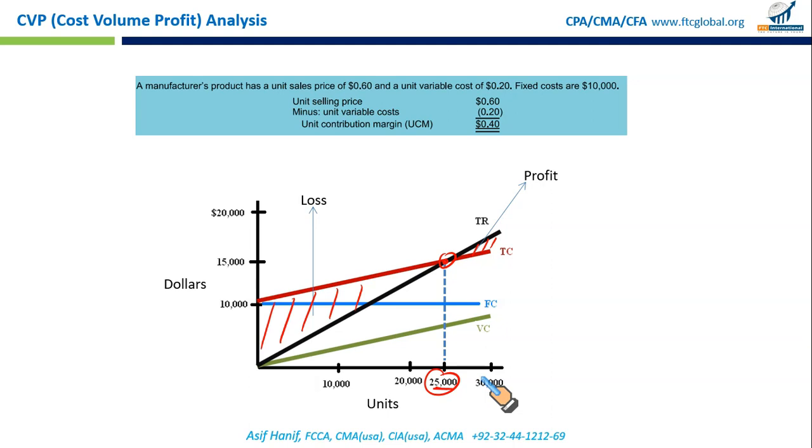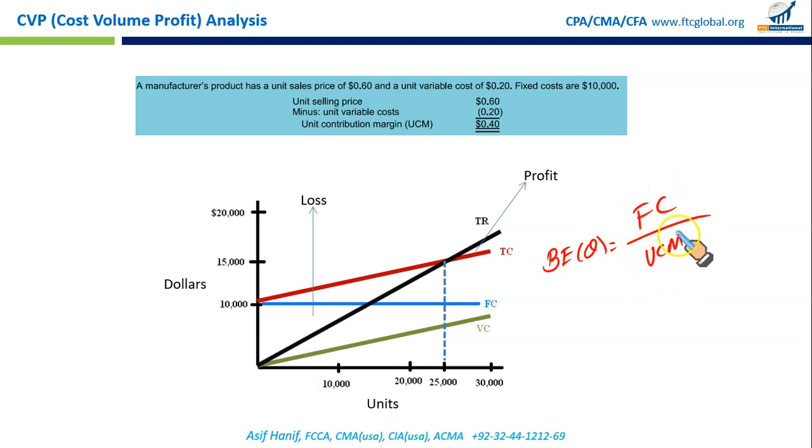Now we are in a bit of a pickle. Do I have to construct a break-even chart every time I would like to determine my break-even point, the level of output when there is no profit, no loss? The answer is no. You have a very helpful formula that will help you identify your break-even quantity. Simply take your fixed cost and divide it by the unit contribution margin. Fixed cost is $10,000 and each unit contributes 0.40.